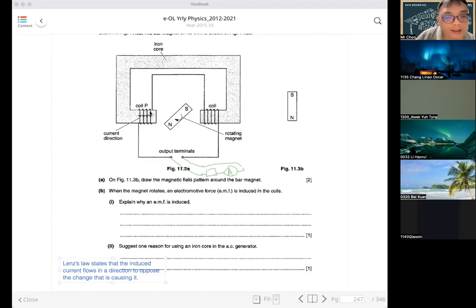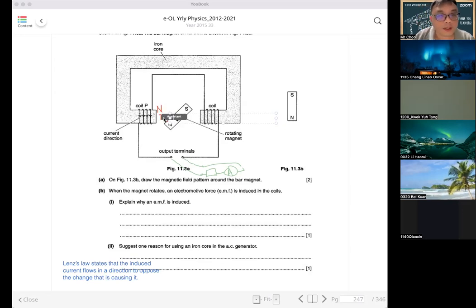So what is the opposition? When it is coming nearer, you need to repel. So this part here needs to become north so that it can repel. Is that clear? As it moves towards P, to oppose this motion, it needs to repel.